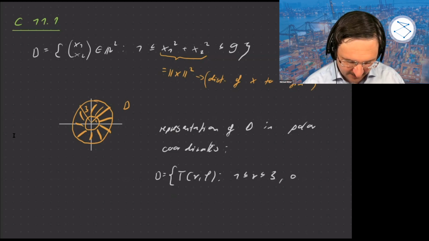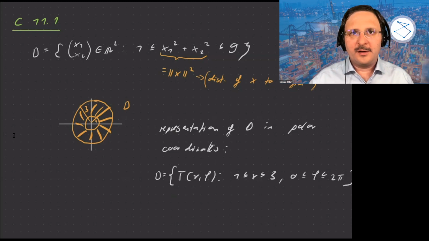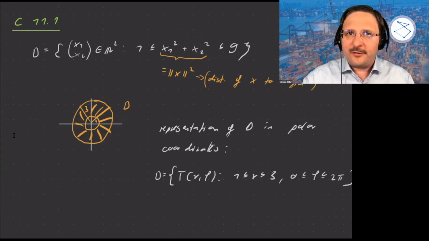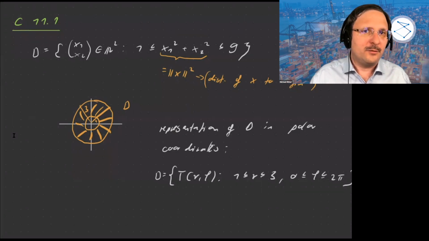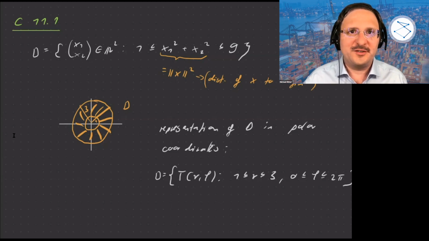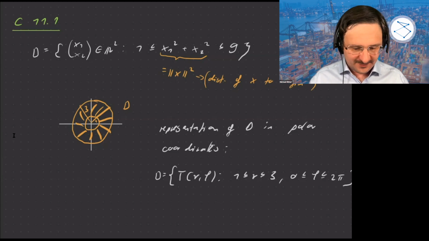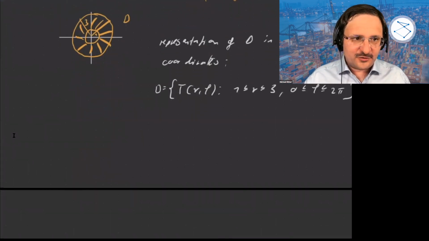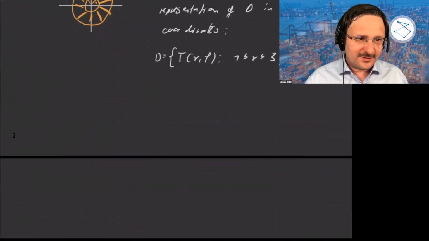And phi is between 0 and 2 pi. So obviously all the boundaries are constant in terms of polar coordinates here. And of course, that should make the integral easy to compute if the expression we integrate over is sufficiently simple. Okay, so that's a description of D in polar coordinates.